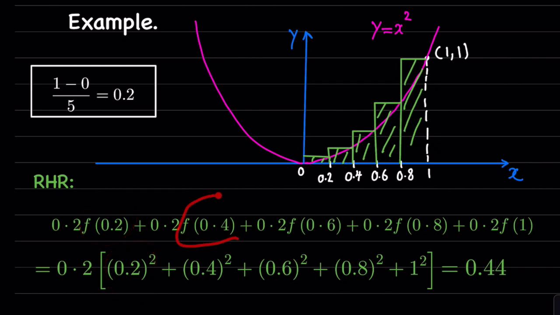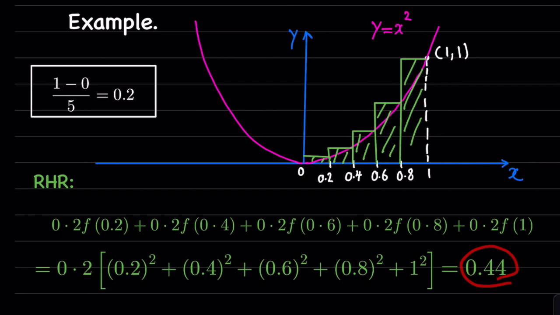The value of the function at 0.4 is 0.4 squared, and so on. The value of the function at 0.8 is 0.8 squared. So you just put those values in, factor out 0.2, and if you use a calculator to compute this, it's going to be equal to 0.44.